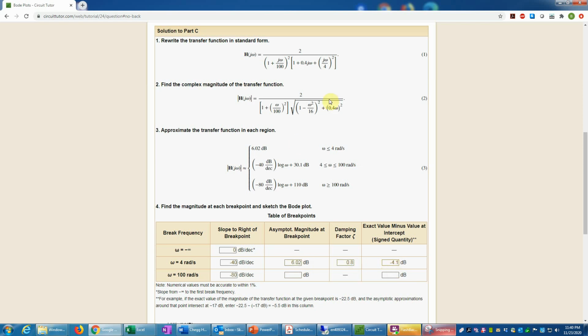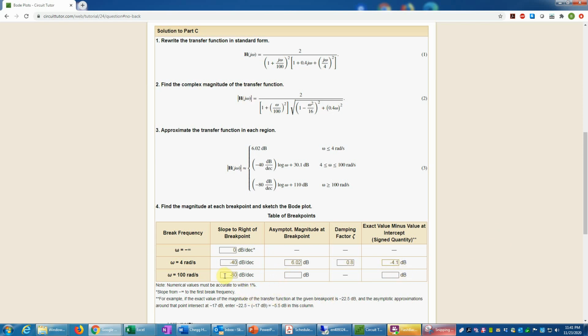Or the other way, as I said, is you can just take omega equal to 4 and plug that into this formula and evaluate that on your calculator, and then compare that to this, subtracting the asymptotic magnitude from the value that you get from evaluating it. That may be a little bit more straightforward, but I'm using the approximate formula here.